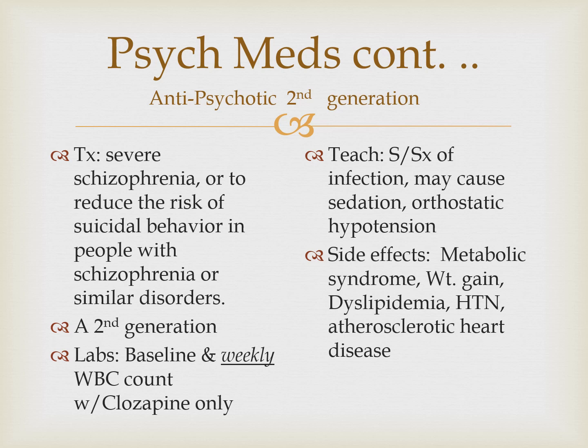We need to monitor the white blood cell count on second generations such as Clozaril or Risperidone because it can cause them to have more incidents of infection. They're immune compromised. This makes you very drowsy and can cause orthostatic hypotension. So if you're doing the initial dose, again, make sure you're doing your safety checks.